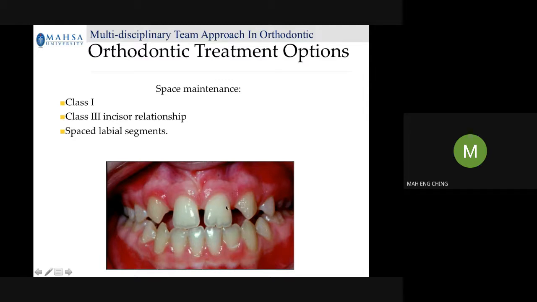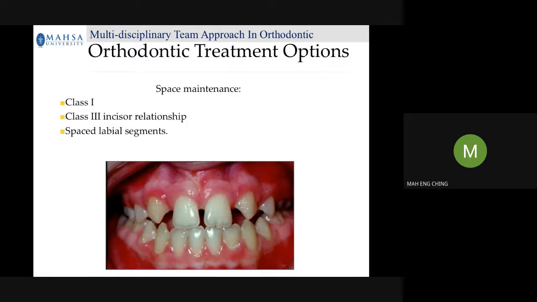So if you close such a big gap, a lot of times it is not stable and tends to relapse. If you're not wearing the retainer even for a few days, the space can open up a little bit. So if you're closing such a huge gap, a lot of the time you need a fixed retainer to maintain the result. So for a spaced labial segment, a lot of the time we open up the space, then replace it with an implant or bridge.